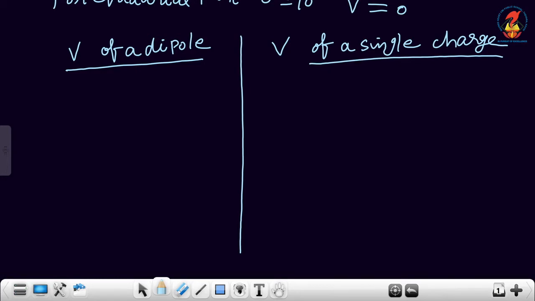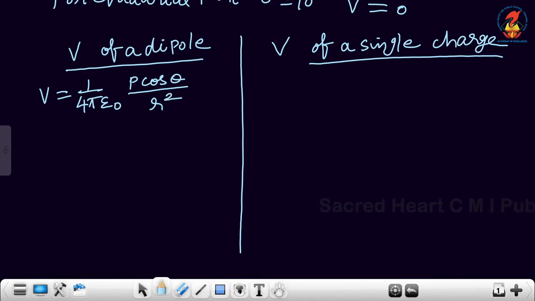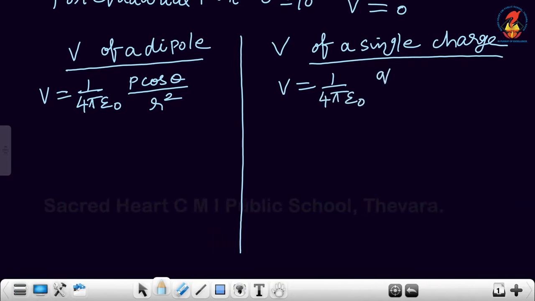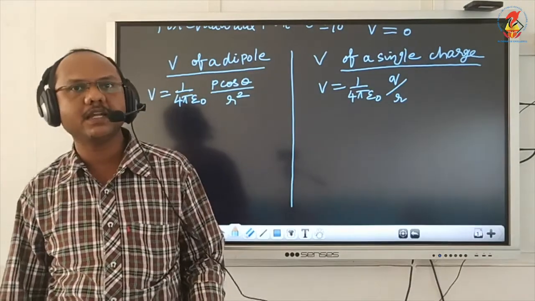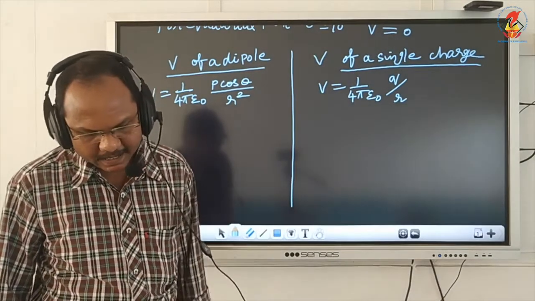The potential of a dipole equation is 1 by 4 pi epsilon 0 P cos theta by r square, and potential due to a single charge is 1 by 4 pi epsilon 0 Q by r. So comparing these two equations, we get to know two things.